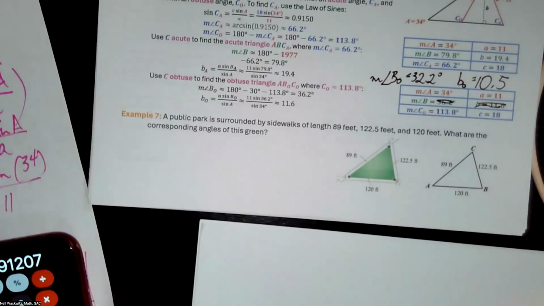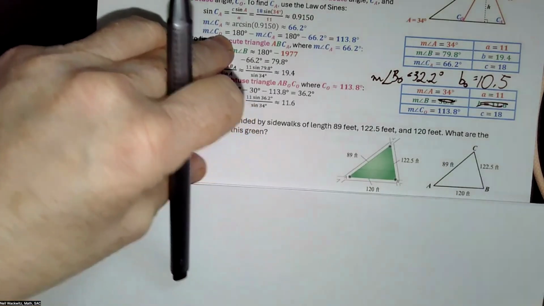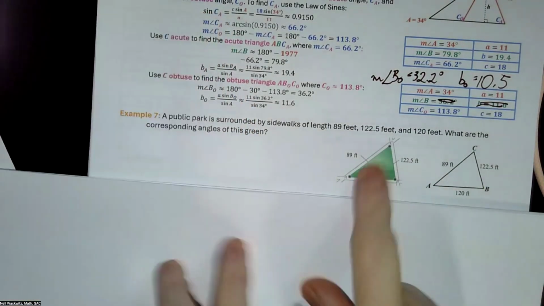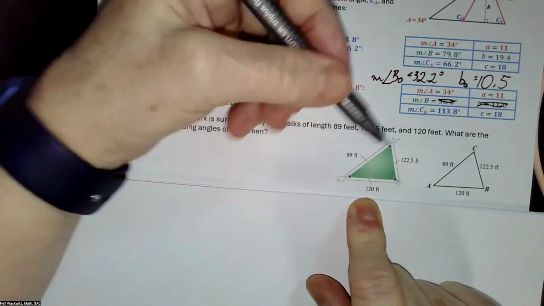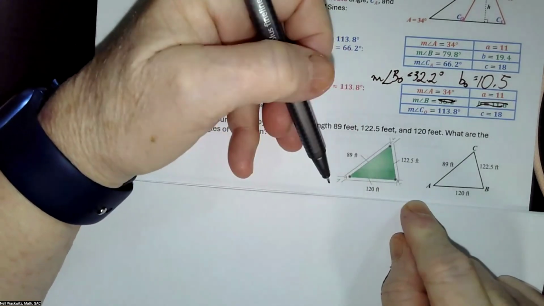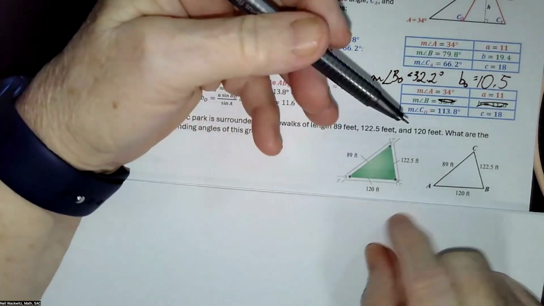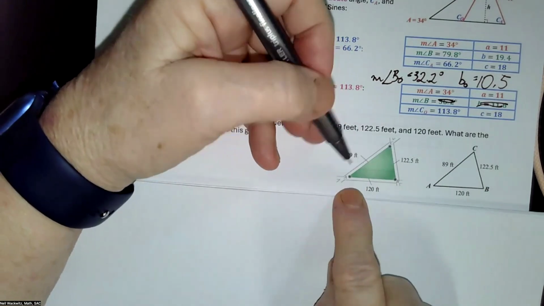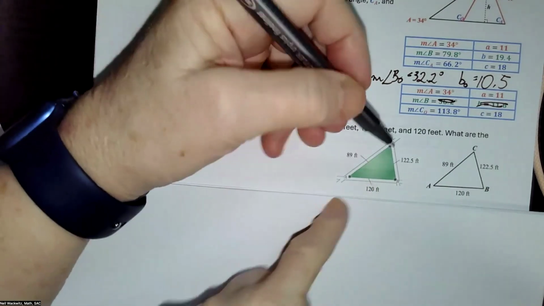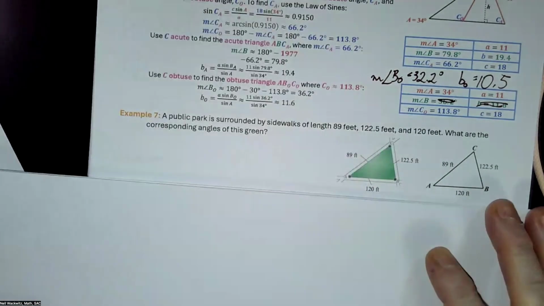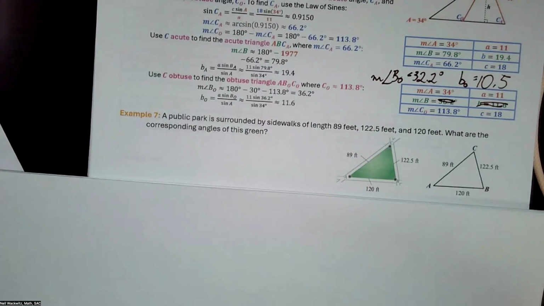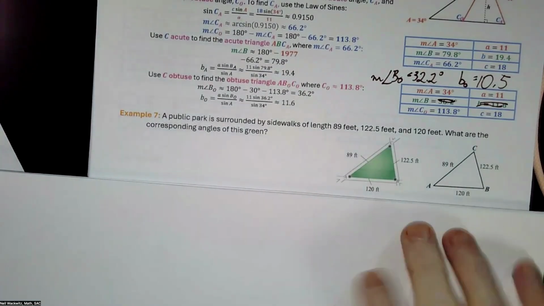Say you're just a public spirited person and you notice that there's a nice green area in your neighborhood, and it has sidewalks on 3 sides and you're curious what the interior angles are. So you measure the length of the 3 sides and you want to figure out, how do I find the angles?